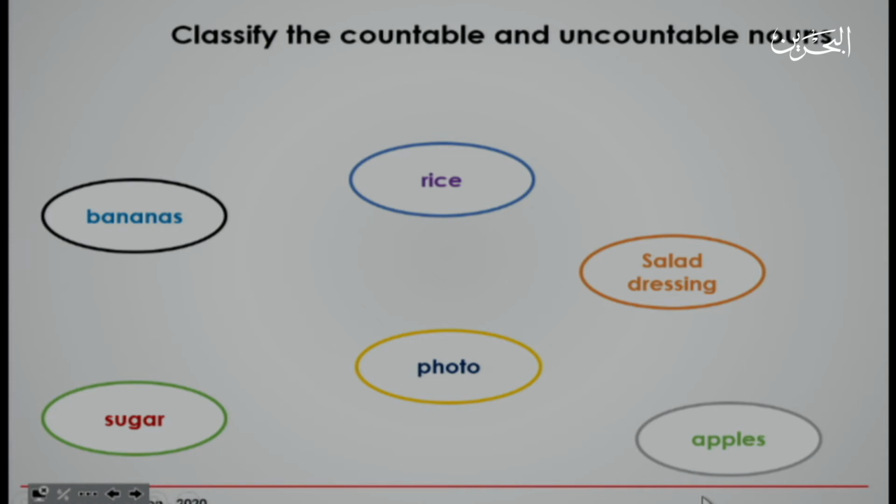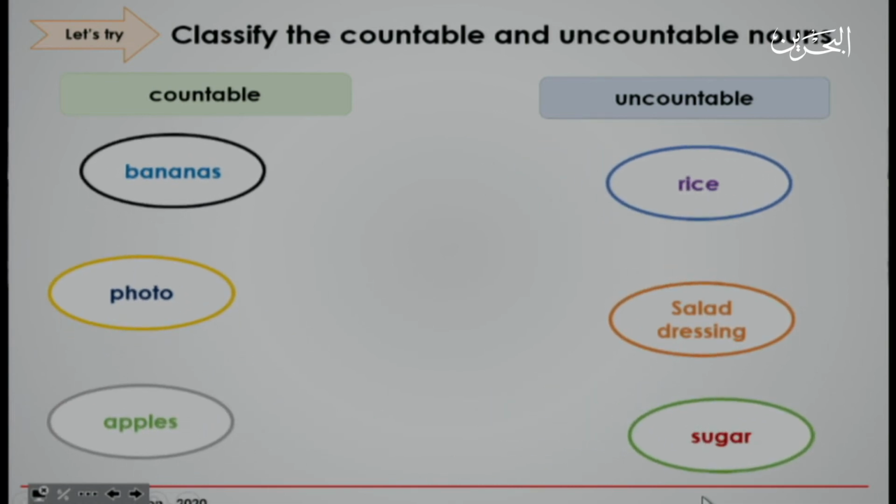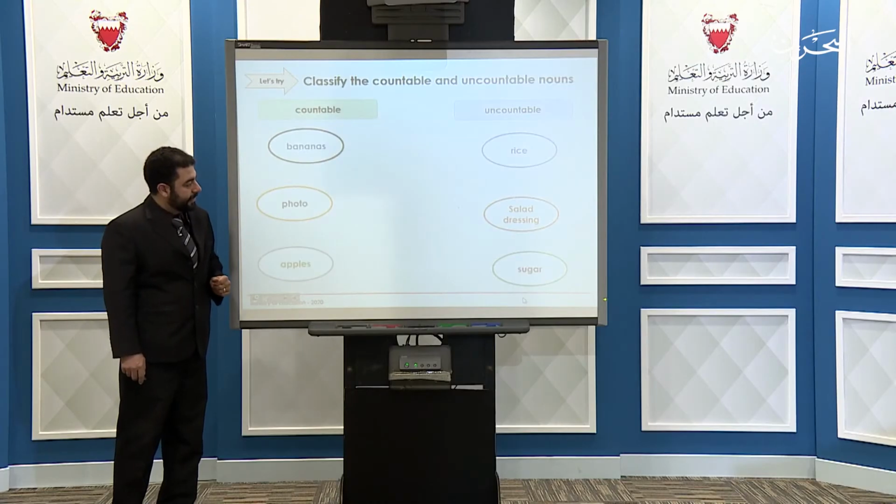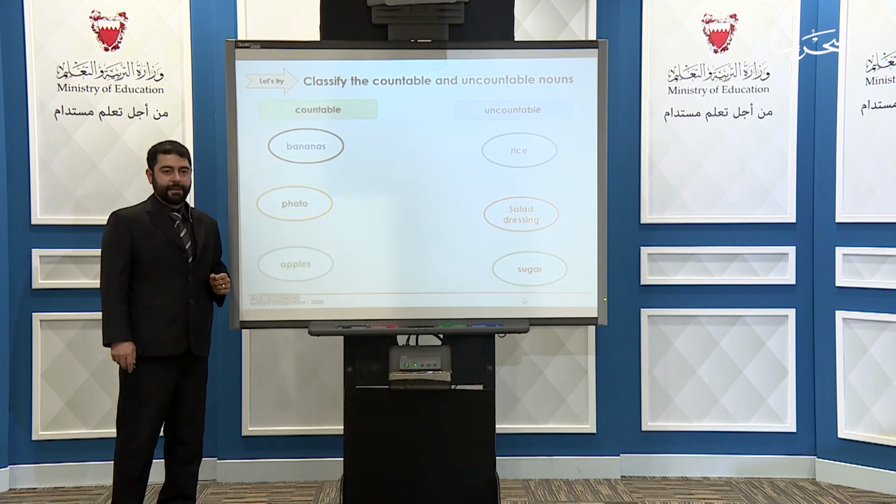Okay, let's check the answer. You see, bananas, photo, apples are all countable nouns, while rice, salad dressing, sugar are uncountable nouns.